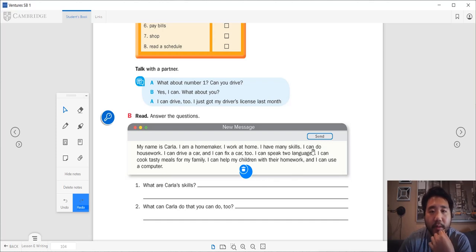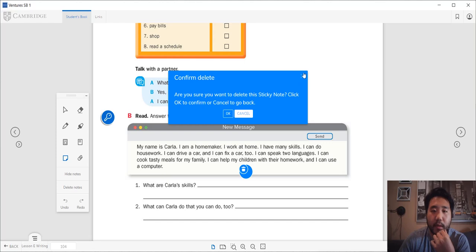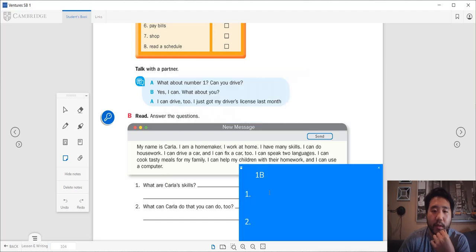Remember, I said we use the word can with a verb in order to show some ability that we can do. Here it says I can do housework. So I'm going to type it here to make it easier. What are Carla's skills? I'm going to list it.